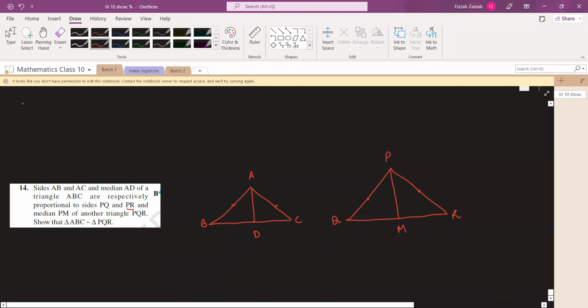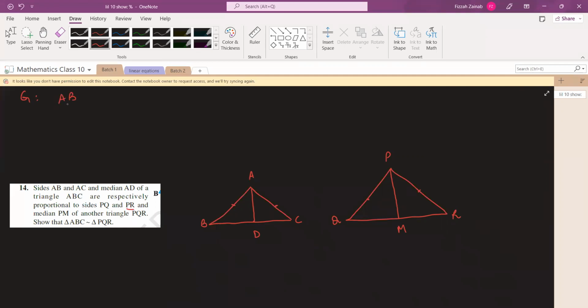So basically what is given in the question is this: side AB is in proportion to PQ, side AC is in proportion to PR, and the median AD is in proportion to PM. Now you have to prove that the complete triangle ABC is similar to triangle PQR.